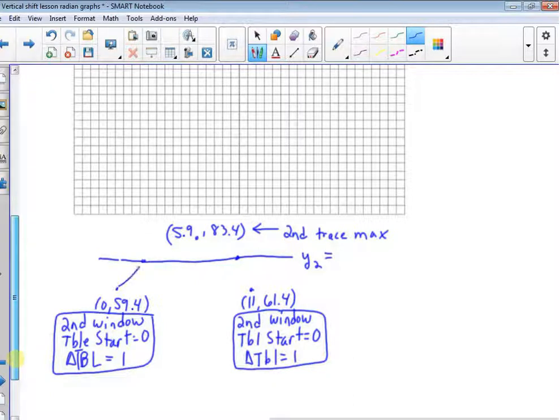So kind of like here's my graph. It's not the best little sketch that I got going on here, but it'll work. So I have y2, and that was 71.3, which was just the vertical shift. Okay? And then I did second trace intersect.